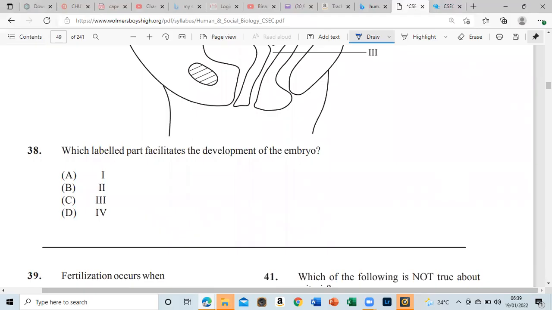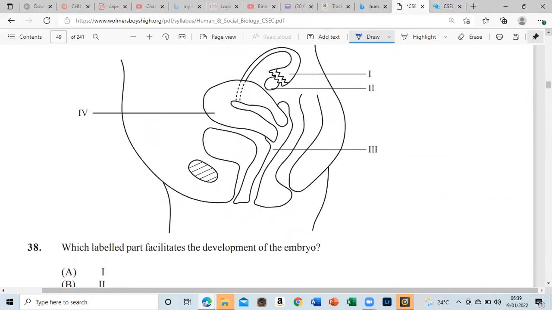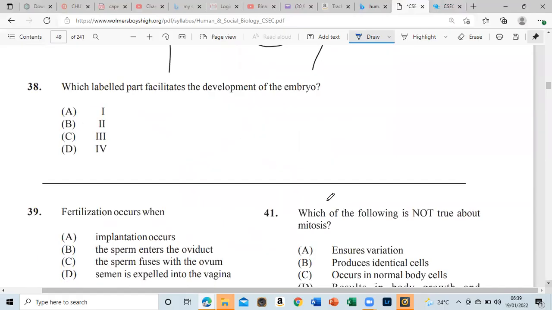All right. And that is right here. So let's see which option that is. And that is D.